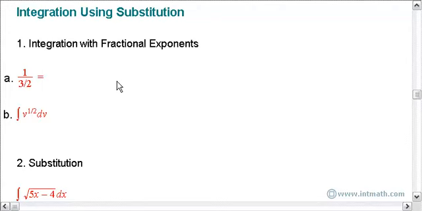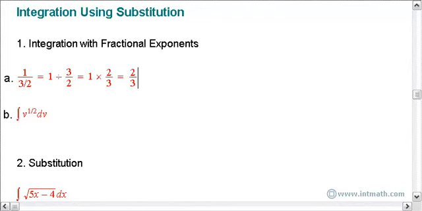So what we should do is think about this as like 1 divided by 3/2. When I divide by a fraction, what I should do is multiply by the reciprocal, and this just gives me 2/3.